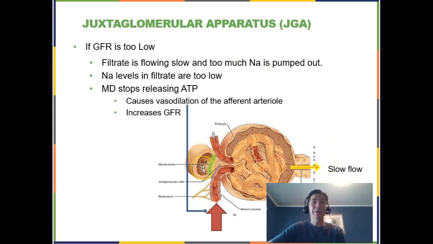That means that by the time the filtrate gets to the macula densa in the top of your ascending limb, the sodium levels are now very small. This causes the macula densa to stop releasing ATP, and in the absence of ATP, your afferent arteriole will vasodilate. That lets more blood into the glomerulus, which is going to bump your glomerular filtration rate up.